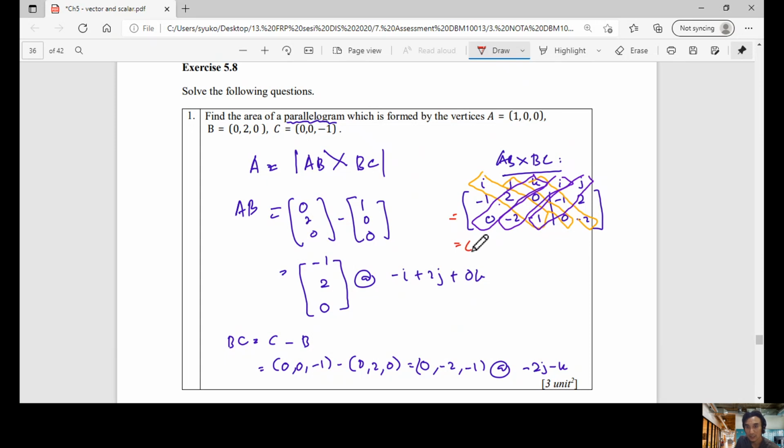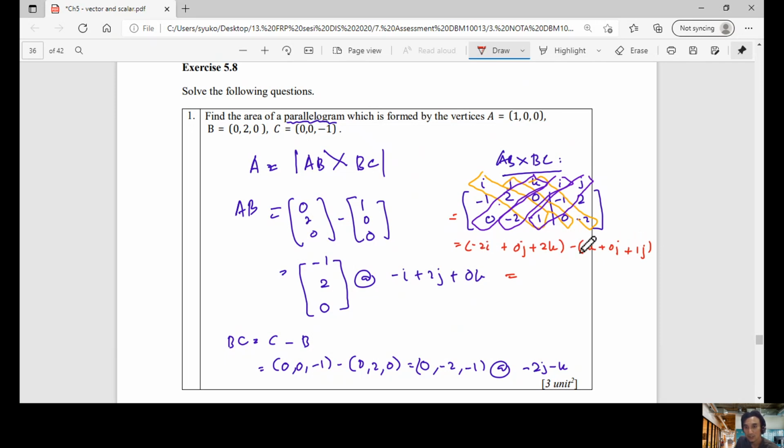So 2 times negative 1, negative 2i, and then plus with 0j, and then plus with 2k minus with 0k plus 0, and then plus with 1j. So solve this equation.